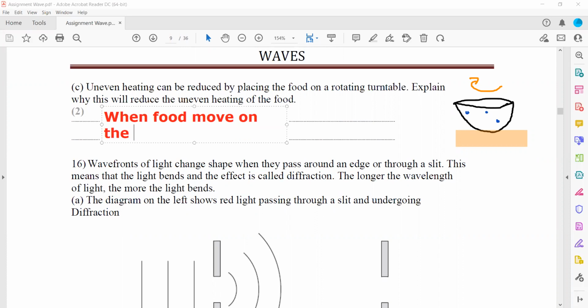on the turntable, it moves through hot and cold spots.